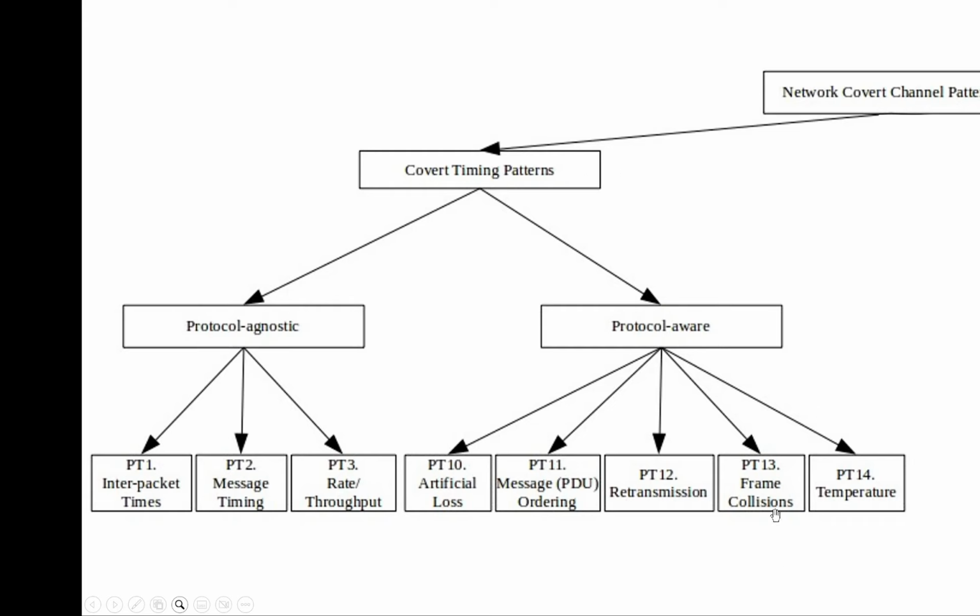Frame collisions are more about wireless communication, where you observe that there's somebody else sending, and then you willingly create a collision, although you should not have sent any message in that time frame. You still do. Others will notice the collision and will learn from it. And temperature, we will have a look at this.